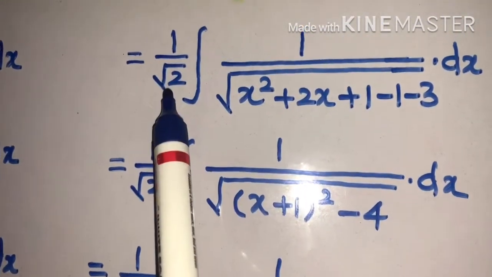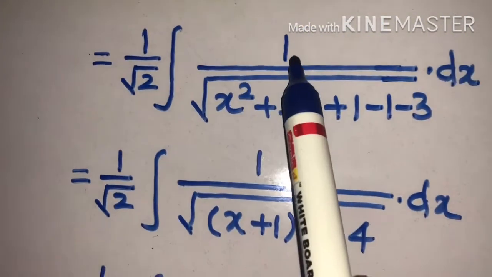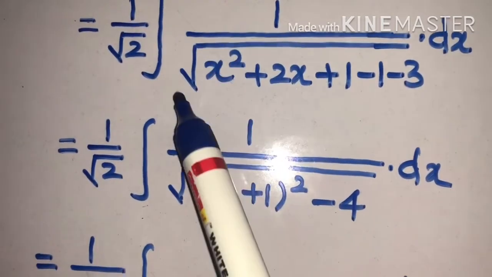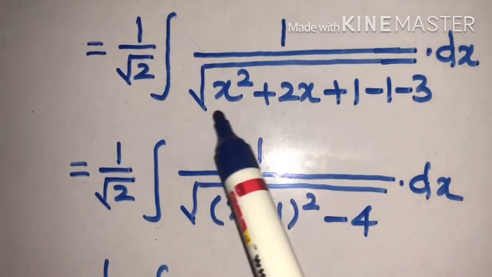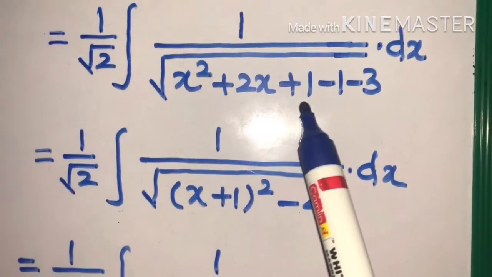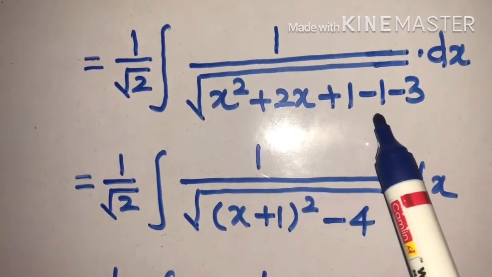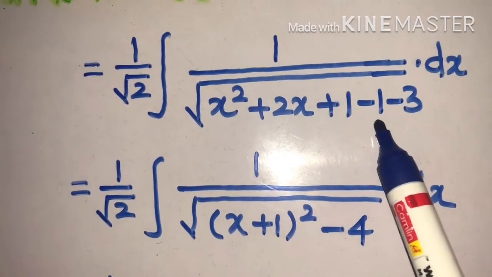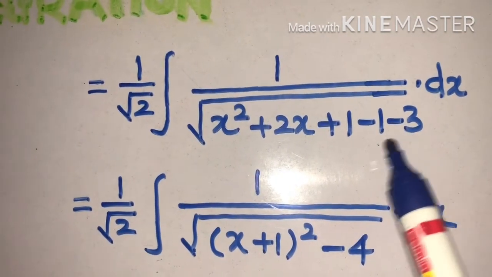So your next step will be 1 upon root 2 as it is only, integration of 1 upon root x square plus 2x. I have added here 1, to balance it I have to subtract, and the last part is as it is.